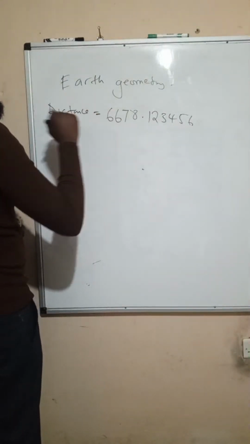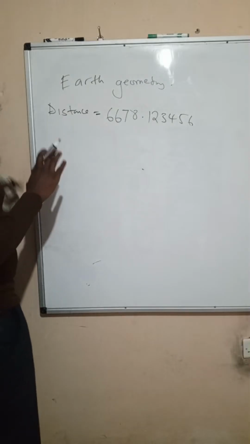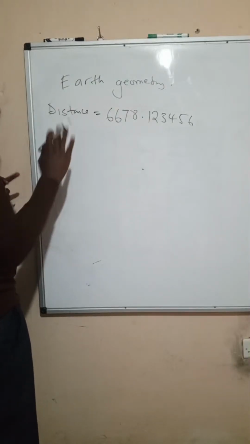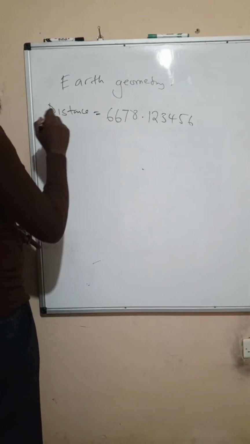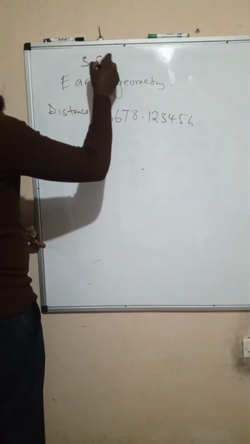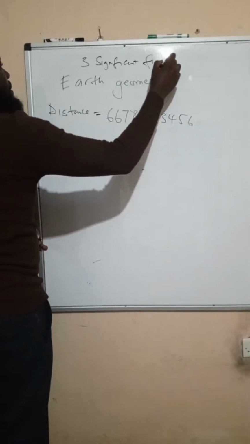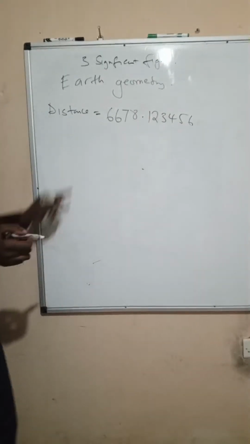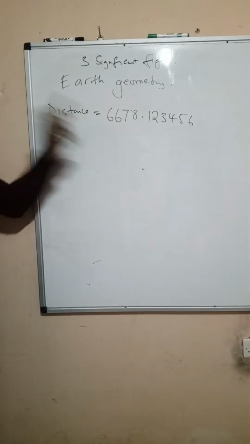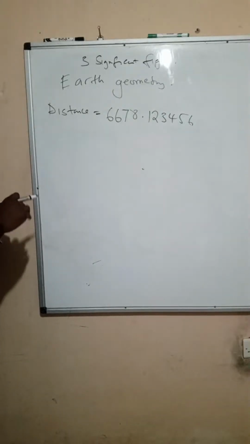The question usually says, if you look at the exam paper, the first page says, write always to 3 significant figures. Okay? You have to round off this answer to 3 significant figures.